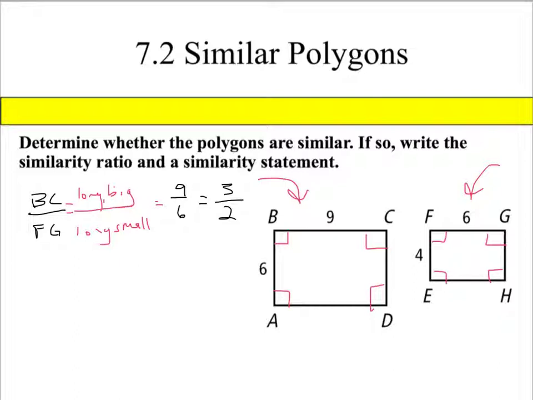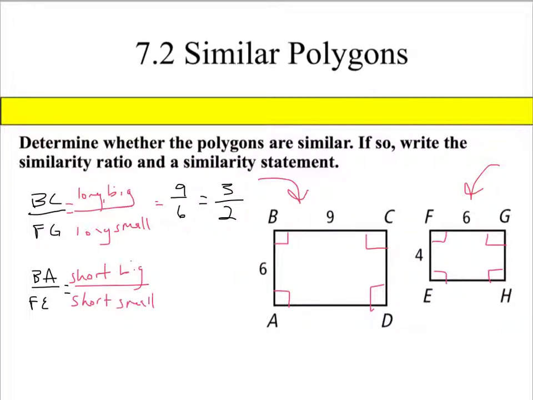And what we have to do now is see if that matches up with the other information that we know. Okay, so set it up. We now have BA over FE. The reason we have BA over FE is because now we have the short side of the big rectangle over the short segment of the small.